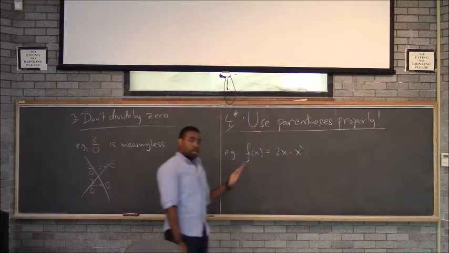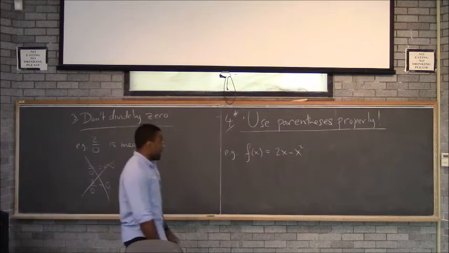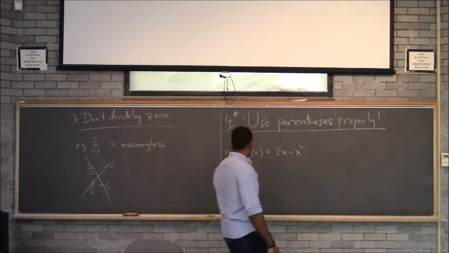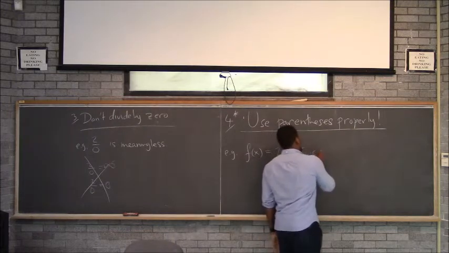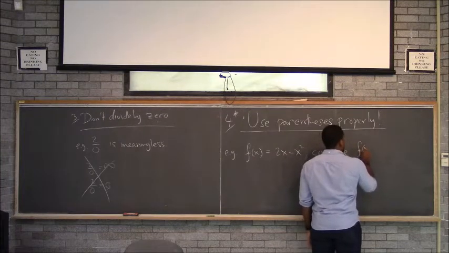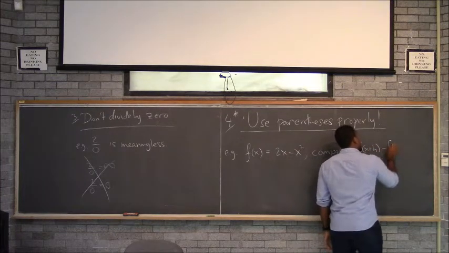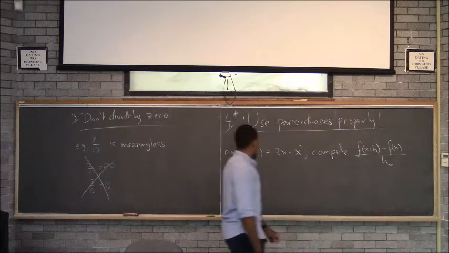I expect you to know what that means. That's just me writing down a function whose name is f, and it takes input values x, and it outputs values 2x minus x squared. Here's the problem. Compute this expression that's going to look familiar to a lot of you. Even for those of you who have taken calculus before, you will know kind of what that brings us to.